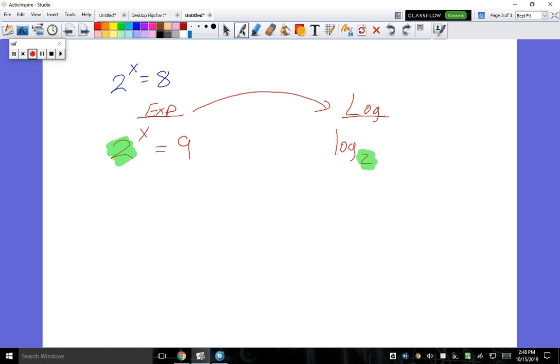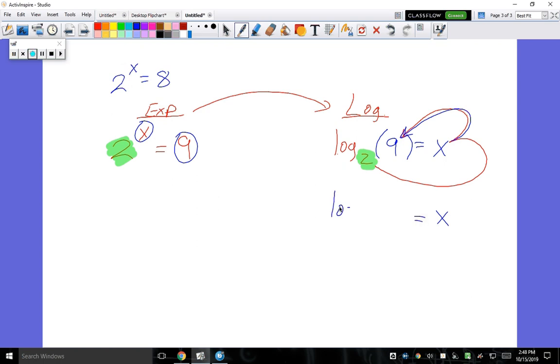So log base 2, and now think to yourself, 2 to the power of something will give you this argument value that's in the parentheses. So 2 to the power of x, so x goes over here, is going to equal 9. So a rewrite would be this.